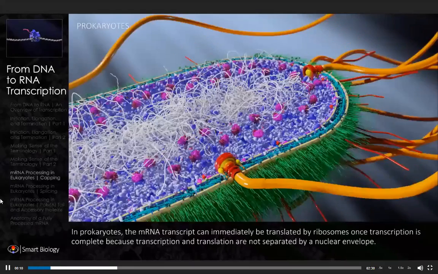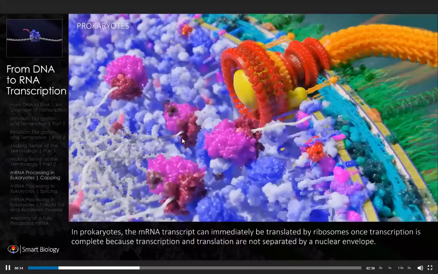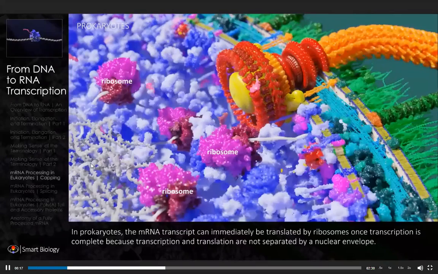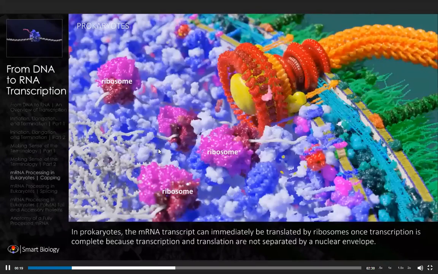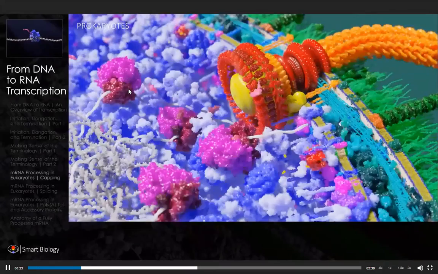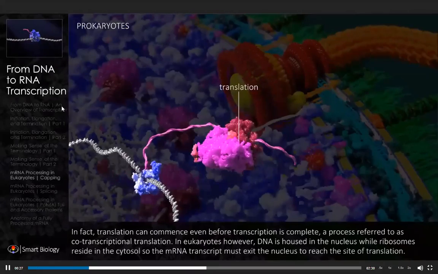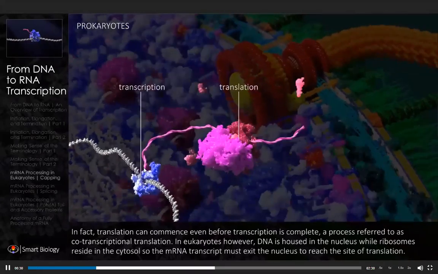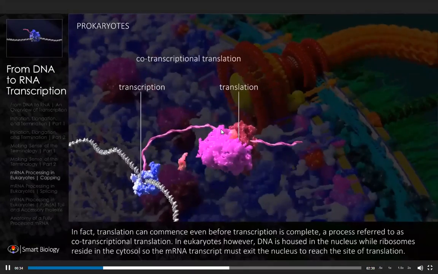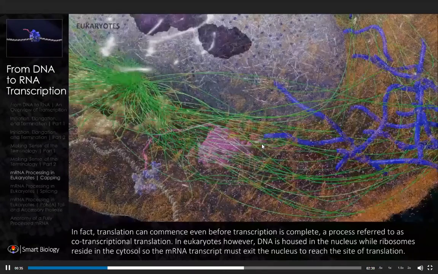So in prokaryotes, the mRNA transcript is translated as soon as it is transcribed, because it occurs in the same compartment. There is no separate nucleus, right? So this is the DNA, this is transcription happening, and the mRNA, as soon as it is transcribed, will be translated.